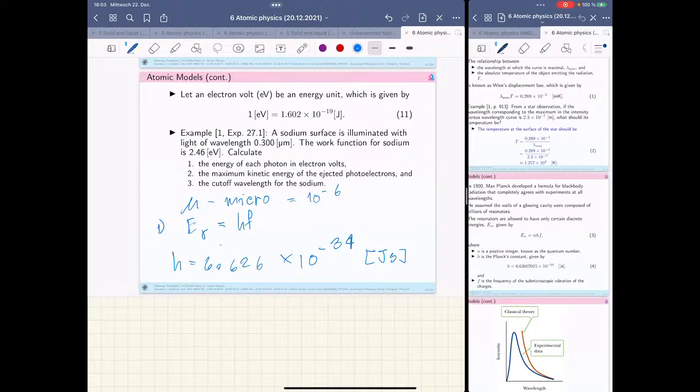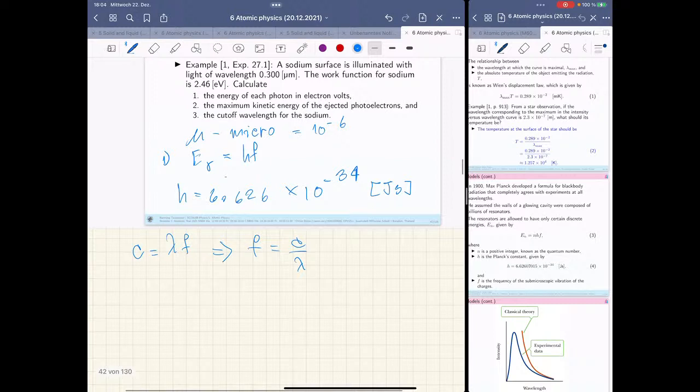As you know, c is equal to lambda f, and what we know is solely lambda, so we can substitute f by c by lambda. And we substitute f into E gamma, so E gamma is going to be h times c by lambda.